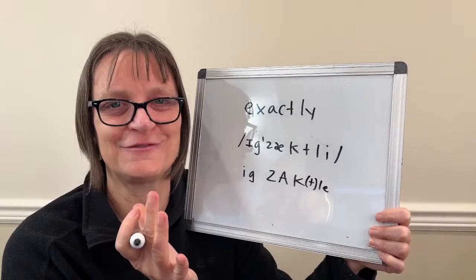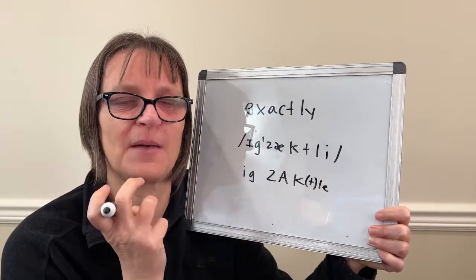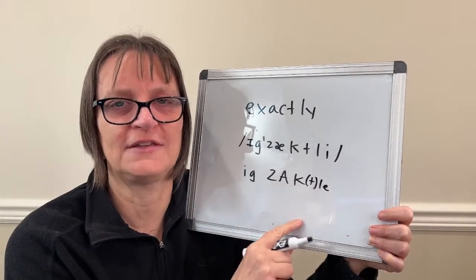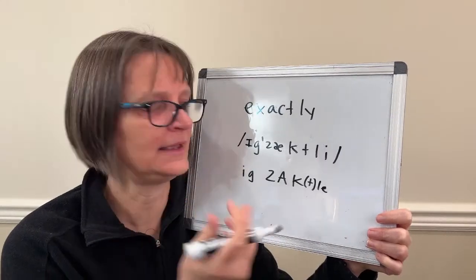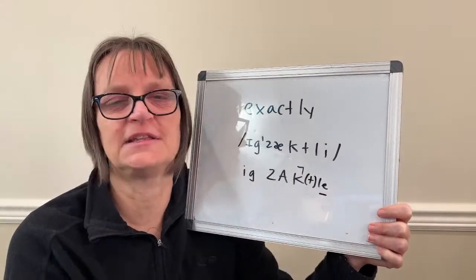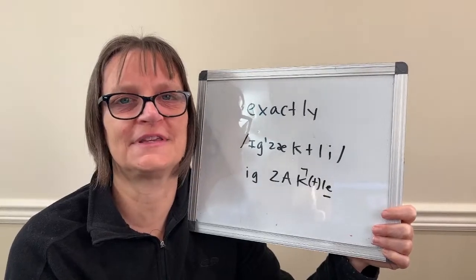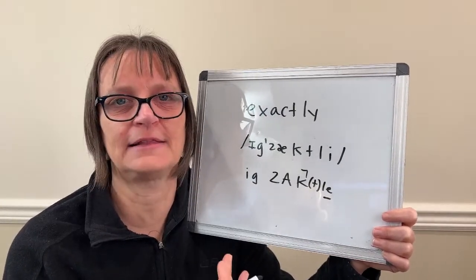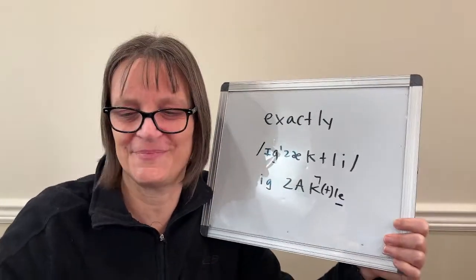I don't want any release of air on that K, because I'm stopping the air for both the K and the T. Exactly. You're going to hear an unreleased K sound, and I'm going to release right into the L. So it's exactly right. That's exactly how we do it. Thank you. That's a great word.